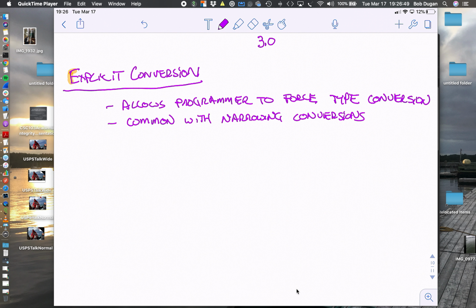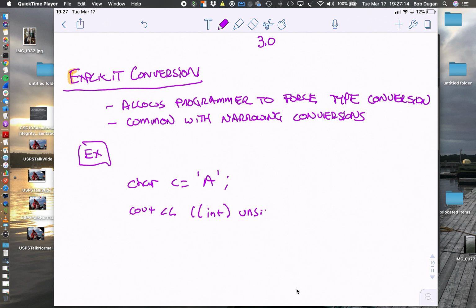For example, here's an example in C++. We could say char c equals 'A', and then cout unsigned int, c.